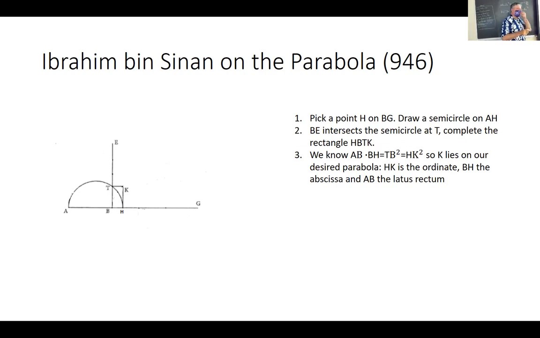Actually, what you really do is get your compass, choose a radius, and use a semicircle to find H, but whatever. The semicircle is then going to intersect the line BE at some point T, and then we just complete the rectangle HBTK.